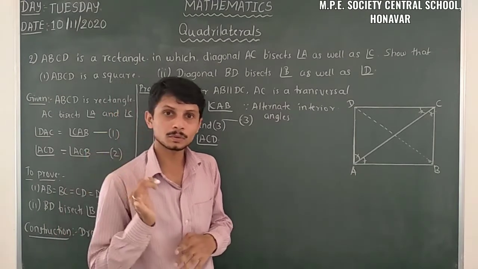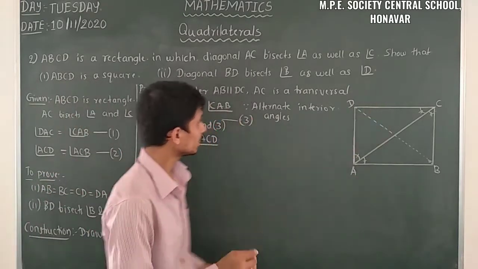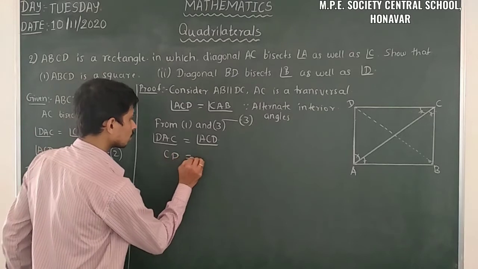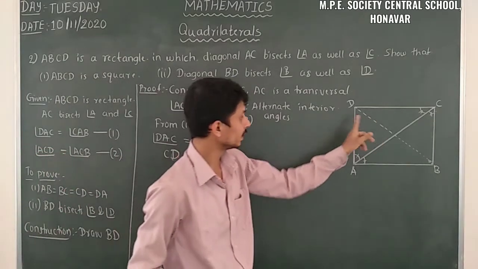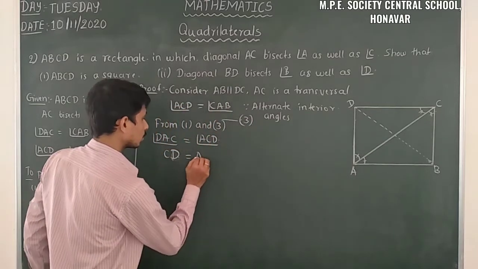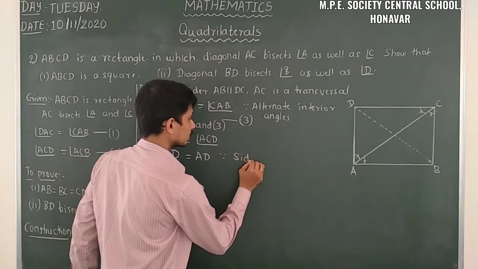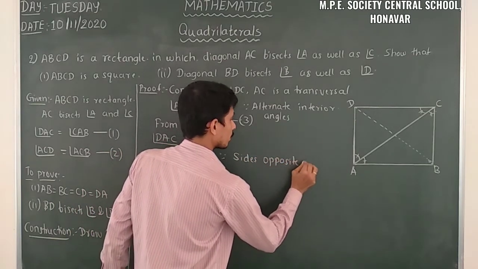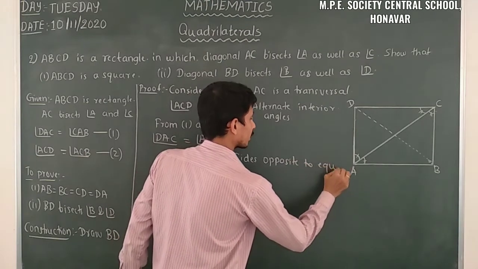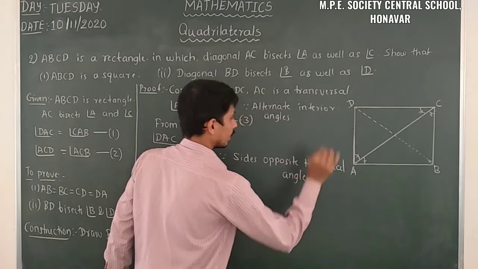We already know that one. So from these two things, from angle DAC we know that CD is equal to AD, because they are sides opposite to equal angles.